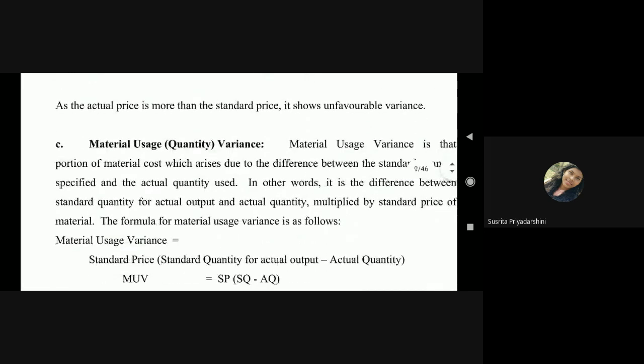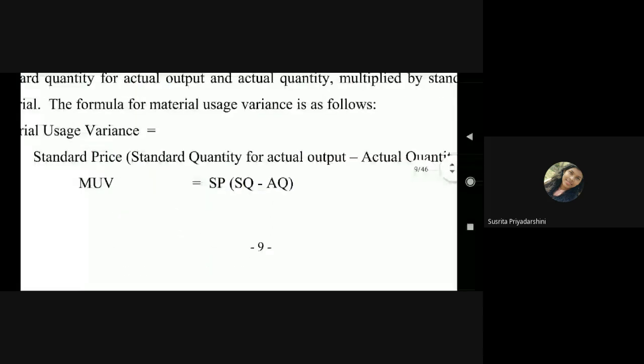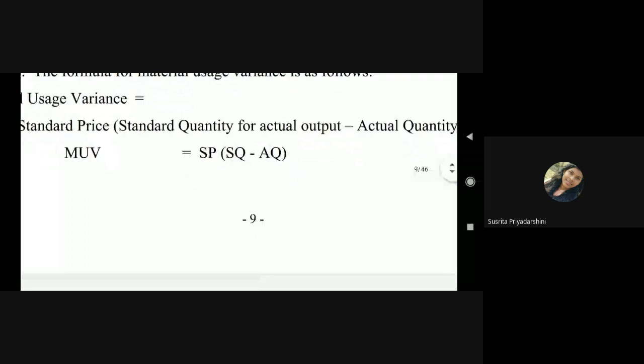Next, material usage or quantity variance. So quantity variance means here we will find out the difference between the actual quantity and standard quantity and multiply with the standard price. Okay, so here you multiply this one. So formula to find out this one is, material usage variance is equal to standard price multiplied by standard quantity for actual output minus actual quantity.